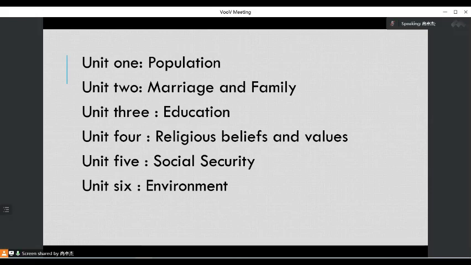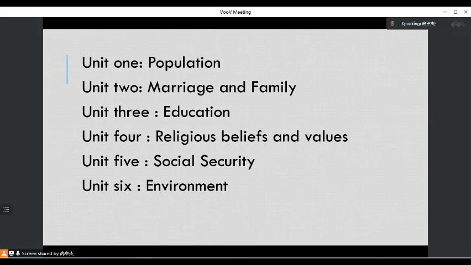And there is one native religious belief in China, Daoism. Have you heard the name? Daoism. 道教. And others. I'll introduce you to 5 or 4 religious beliefs in China.